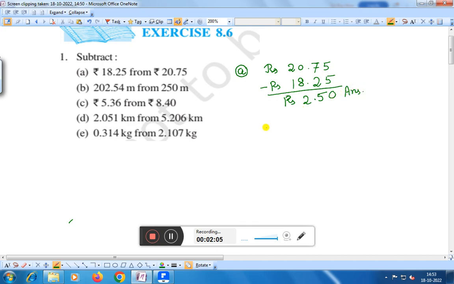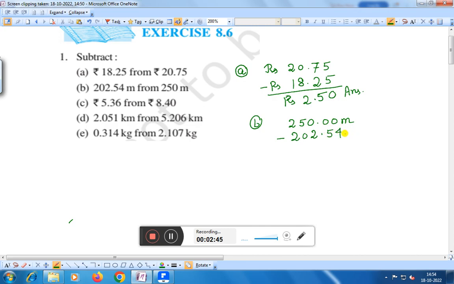Now question number B is 202.54 meter from 250 meter. Question B is 250 meter, we can write 250.00 meter minus 202.54 meter.